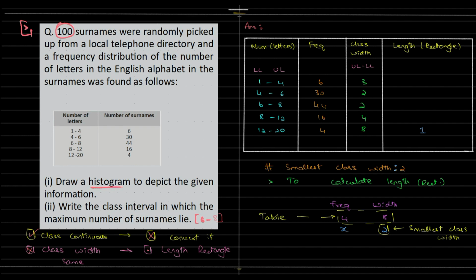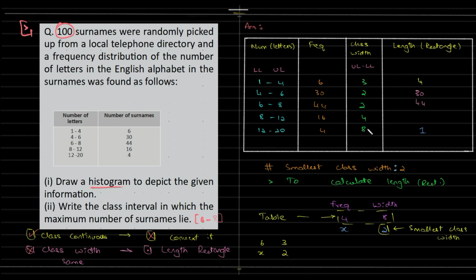Okay, next thing is, let's look at 6 and 3. So for a frequency of 6 and a class width of 3, how much is this and how much is this? So this is basically 4. If the class width is same as the smallest class width, then just copy them. You don't need to think too much.